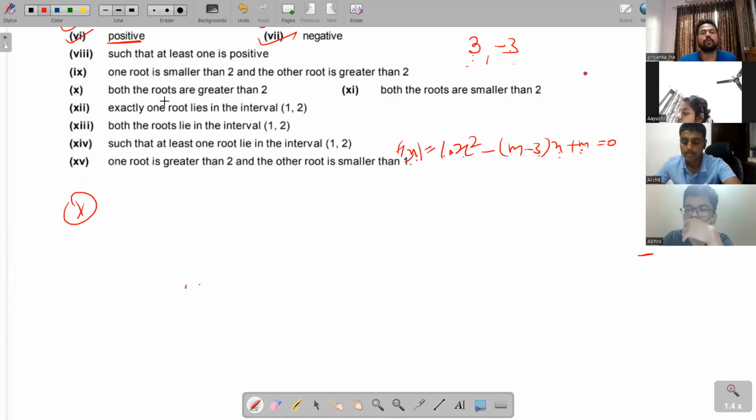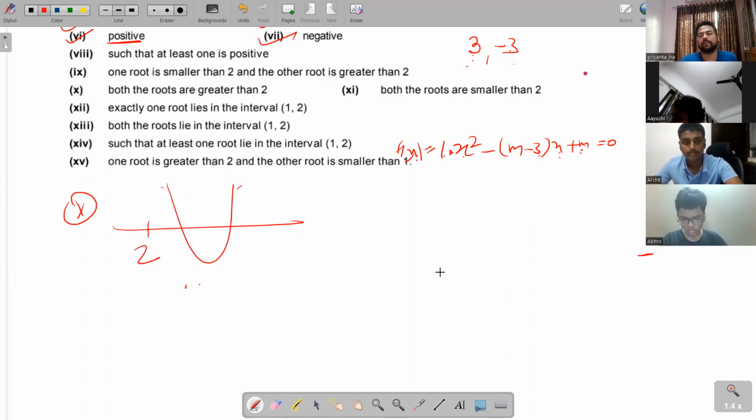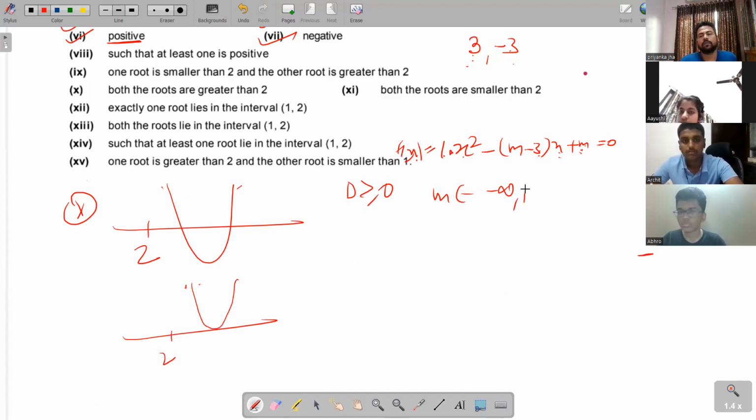10th is both the roots are greater than 2. Both the roots are greater than 2. So it is like 2 will be somewhere here. So the discriminant has to be positive or greater than or equal to 0. So m will be minus infinity to 1, because this case is also possible like this, and then 9 to infinity, and F2 has to be positive.